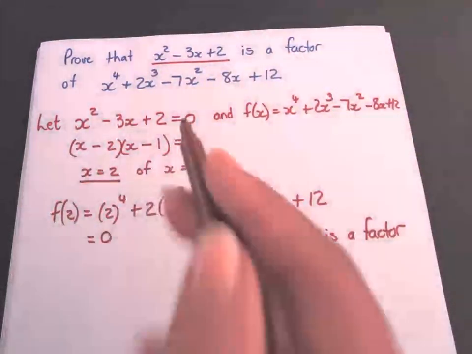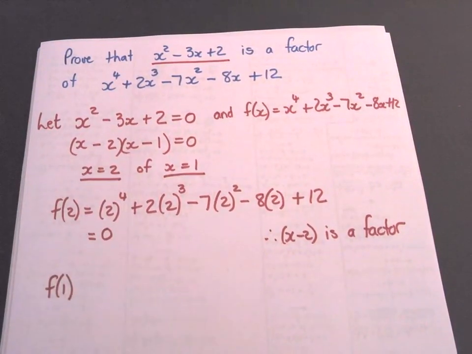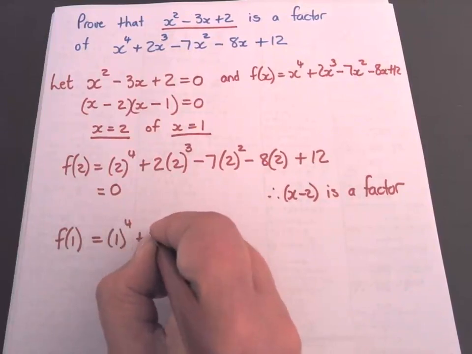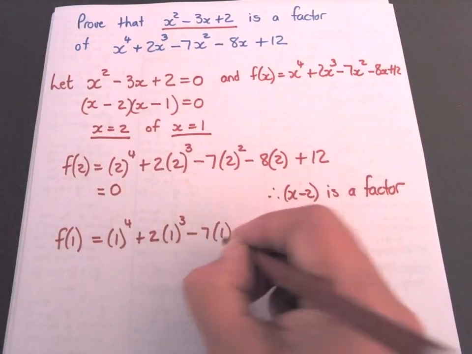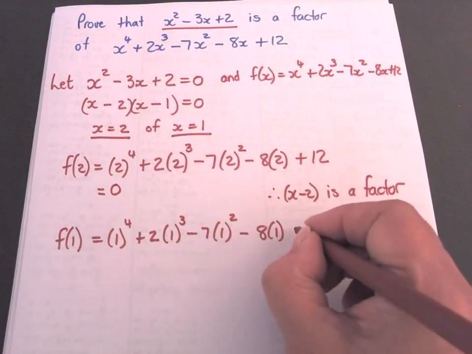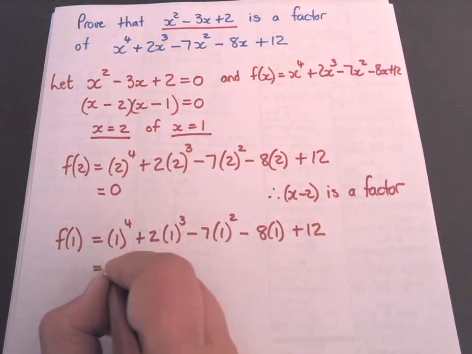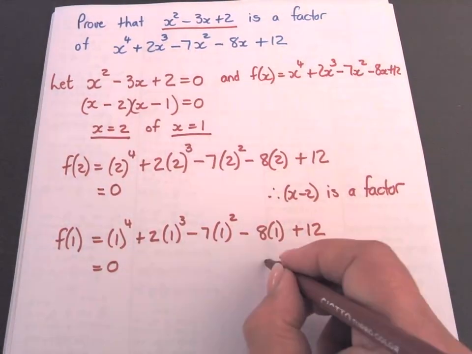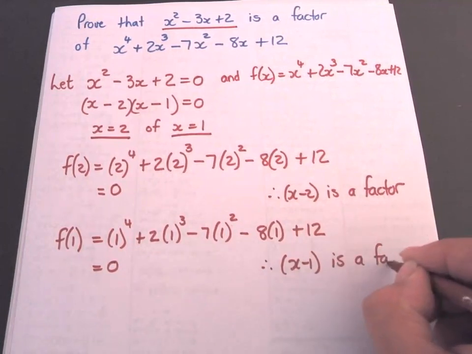Let's test the other one, x equals 1. Substitute 1. It will be 1 to the power of 4 plus 2 times 1 to the power of 3 minus 7 times 1 squared minus 8 times 1 plus 12. This will also give you 0. Therefore, x minus 1 is a factor.